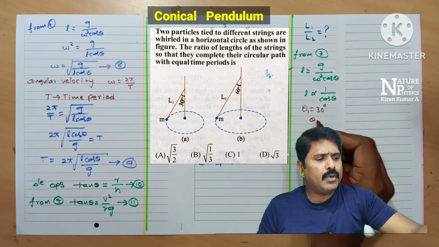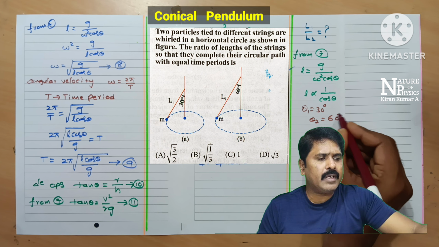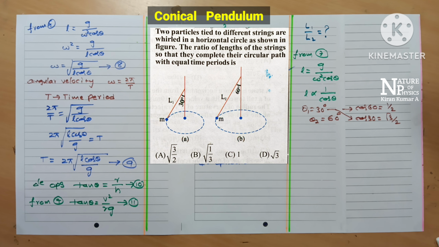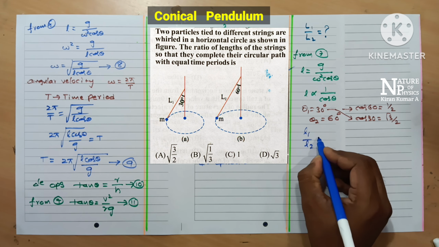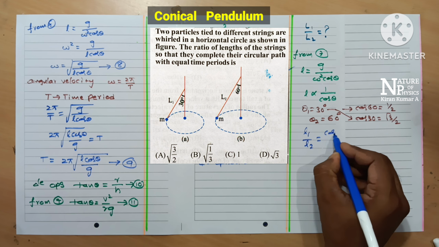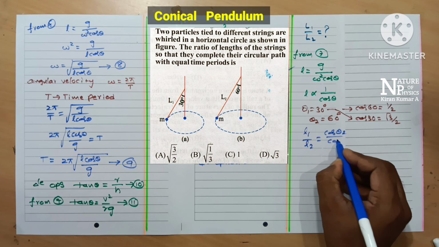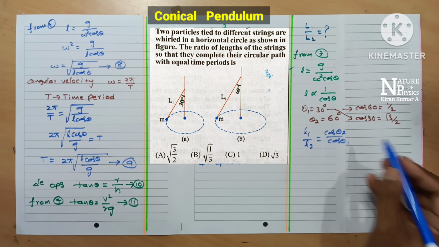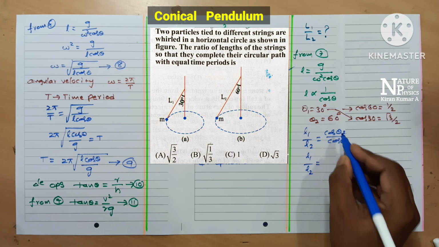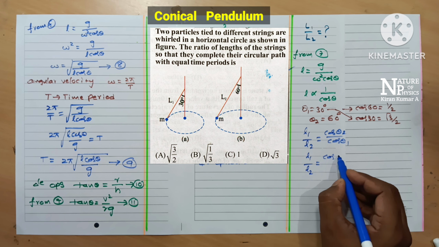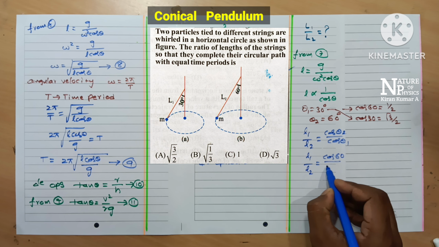Okay, and theta 2 is given as 60 degrees. See there, the relation is written now: L1 by L2 is equal to cos theta 2 divided by cos theta 1, student.